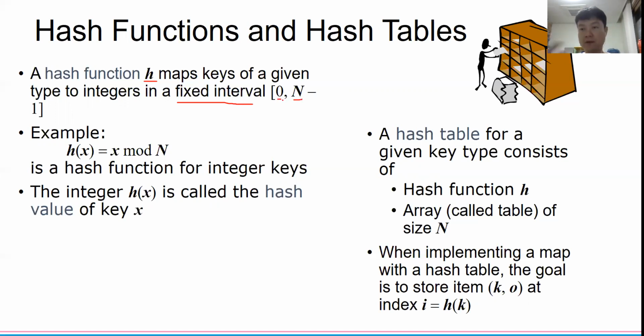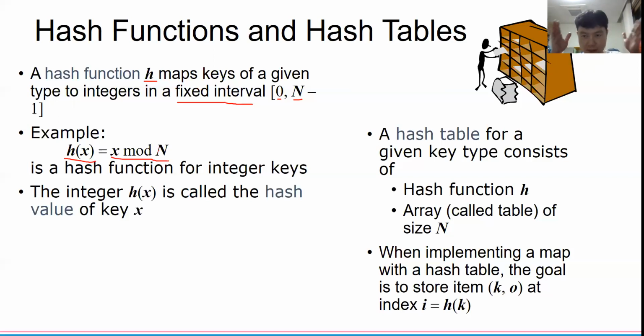So if it is about the ID card, then you have 11 numbers, so it means 0 until 10. So the numbers will be 0, 1, 2, 3, 4, 5, 6, 7, and up to 10. So we can have the hash function as x mod n.